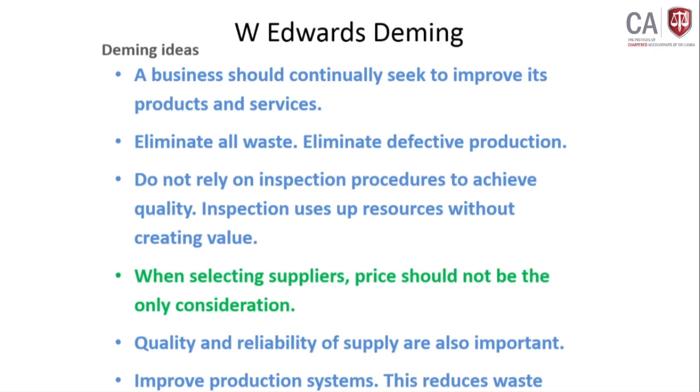W. Edward Deming, what is he saying about quality? The Deming ideas are: the business should continually seek to improve its products and services. When you start a business initially, from the start to the continuation, to the break even and then also continue to earn some profit, that will be a continuous improvement.